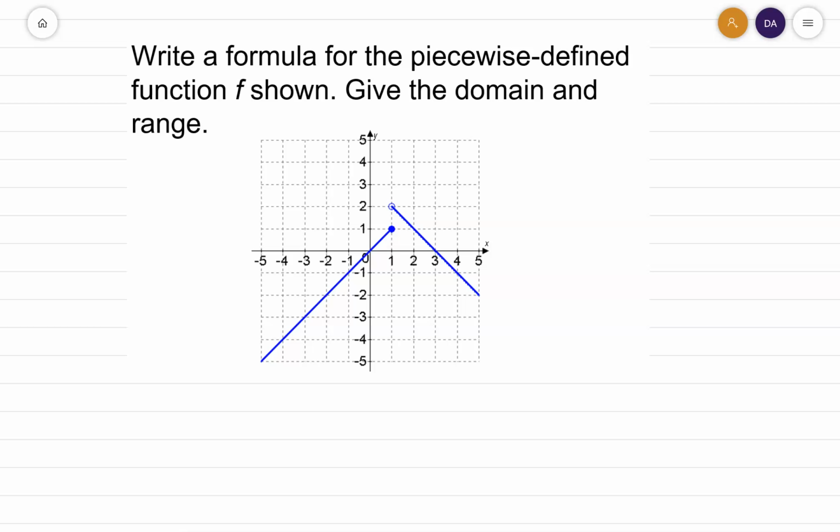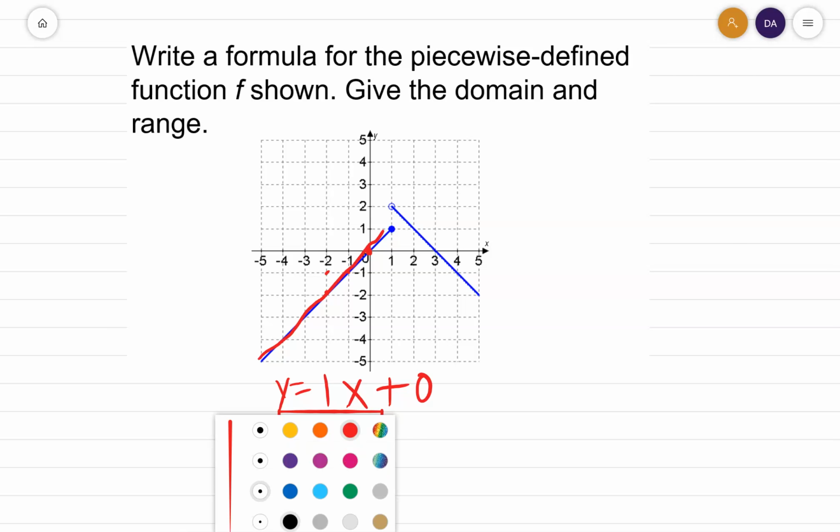What formula would make this piecewise function? Well, both of these are linear lines, so this equation right here is y is equal to mx plus b. Our slope looks like it's 1 over 1, so 1x plus our b, the y-intercept would be 0. So basically, this is y equals x. That's this line right here.